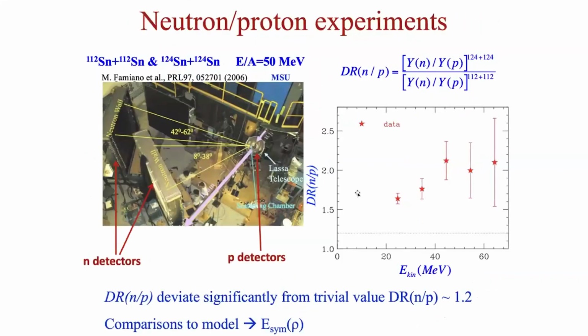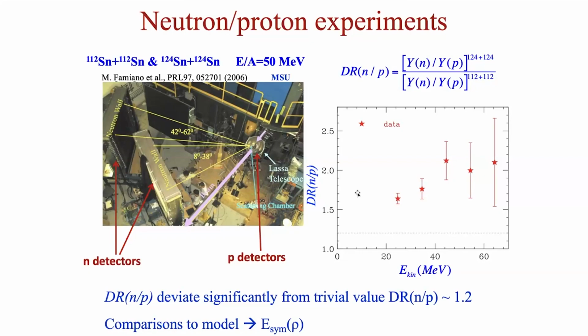This observable has been studied because it is also sensitive to the symmetry energy, but these are very difficult experiments because detecting neutrons is terrible. This is a setup that has been used at MSU, for example, where the beam comes in, you have the collision, and you try to detect protons and neutrons emitted from the early stage of the collision.